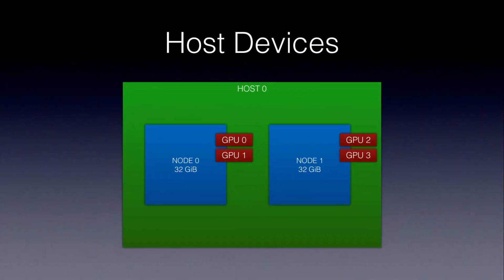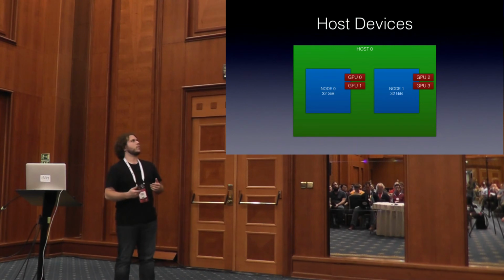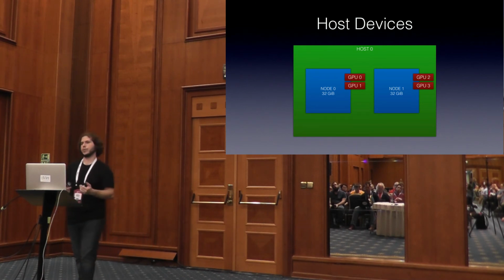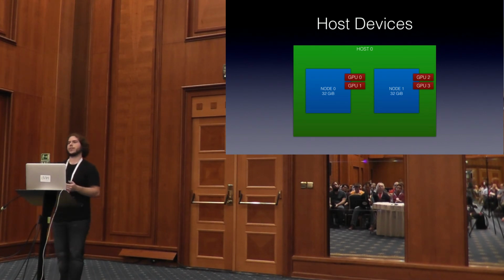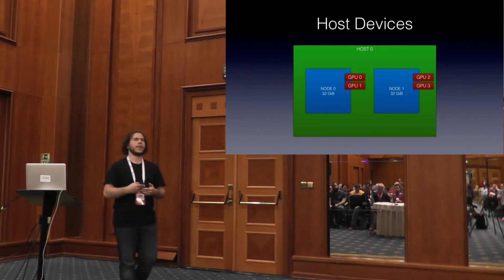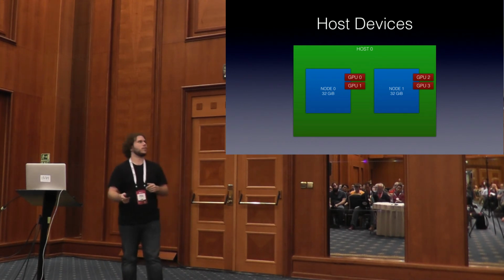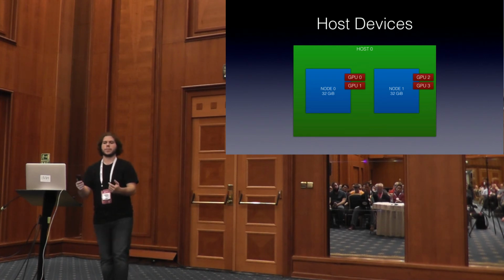I've drawn this picture myself, by the way, of a host with 2 NUMA nodes and some, let's say, 4 GPUs that may or may not be physically 4 GPUs. And each GPU is connected to one of the NUMA nodes. And this gets kind of complicated because not only do you have to think of in which NUMA node the VM should run, you also have to consider that it should run in the NUMA node where your devices are.